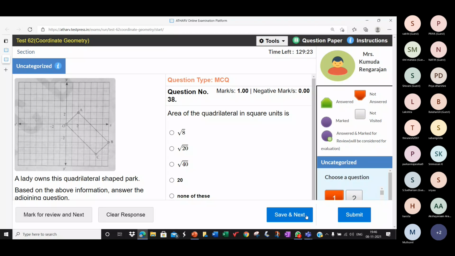What's the length of the rectangle? Root 50. And the breadth of the rectangle? Root 8. Okay, so root 50 times root 8, root 400. So 20 square units. Very good.